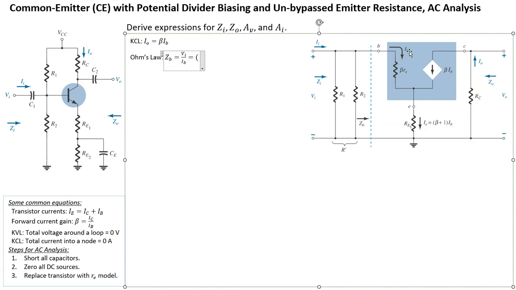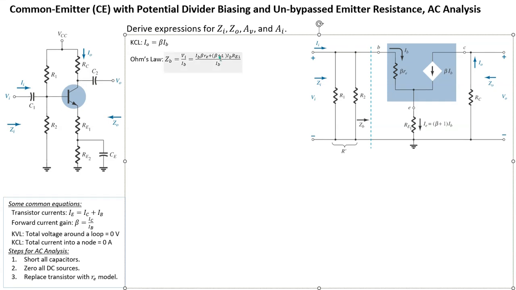Using Ohm's law, V equals IR, so it's IB times beta RE, plus the voltage across RE1, which is beta plus 1 times IB multiplied by RE1, all of that divided by IB. So then we have this expression.